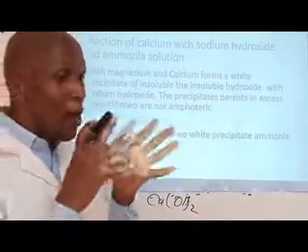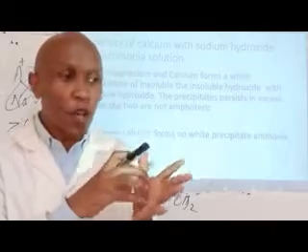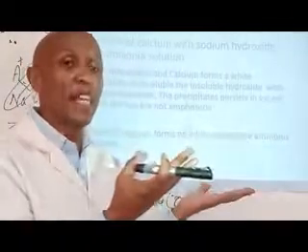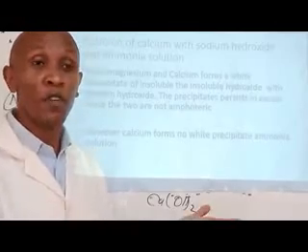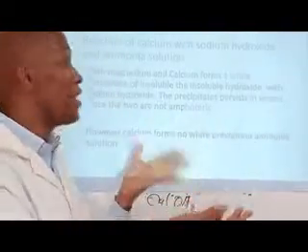So when you have very few hydroxide ions, whatever calcium hydroxide you form will dissolve because it is slightly soluble. But when you have very many hydroxide ions, whatever calcium hydroxide you get will not dissolve because it is too much for a slightly soluble substance.